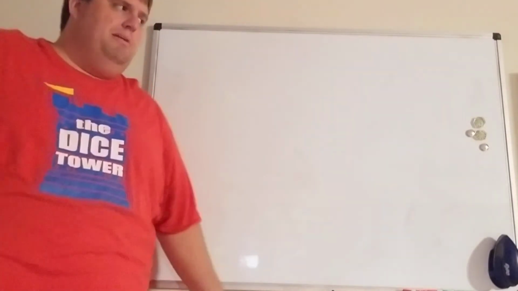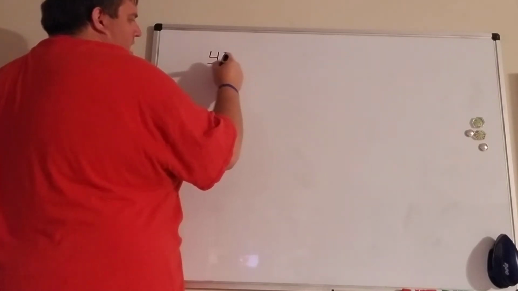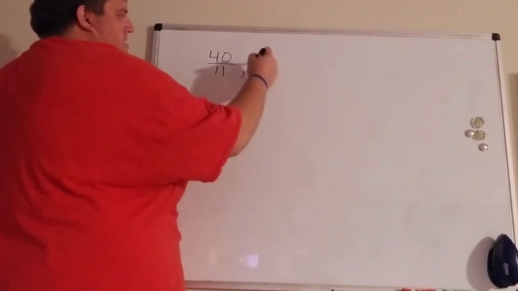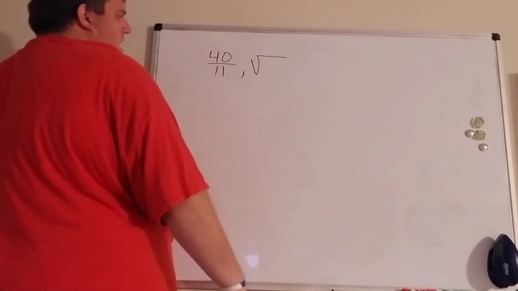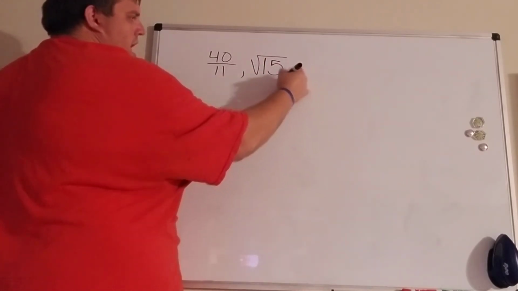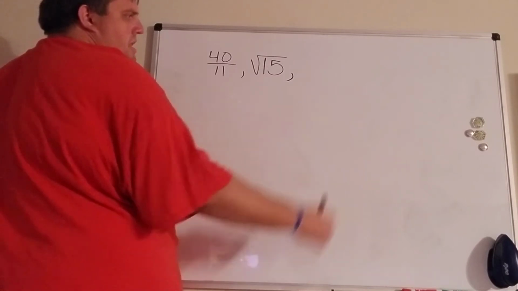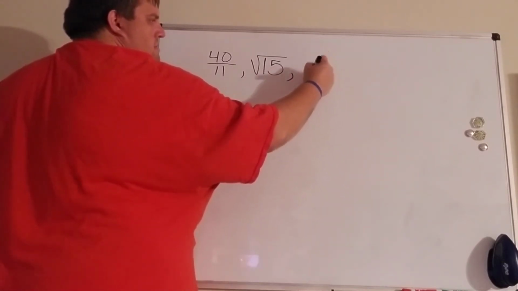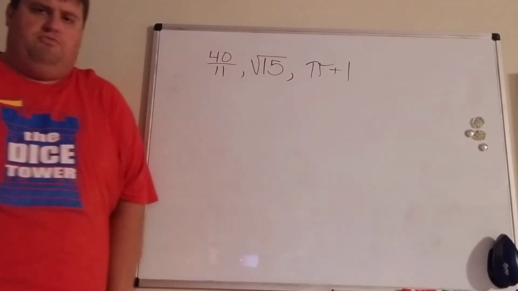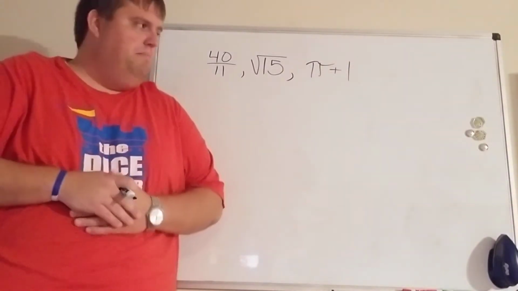But let's say we have something like 40 elevenths, and we have the square root of 15, and we have, I don't know, pi plus 1, for just random examples.